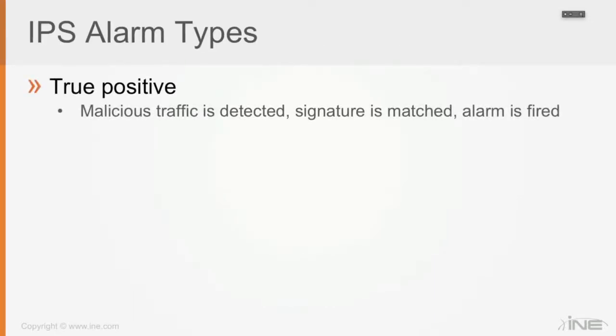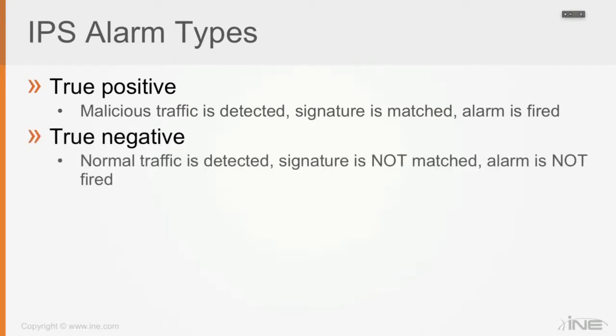Let's say true positive and true negative. First of all, those are good alarms because they have the keyword true. If it's a true type of alarm, it means that's what I want the IPS to do. True means that an event really happened and the IPS took action.